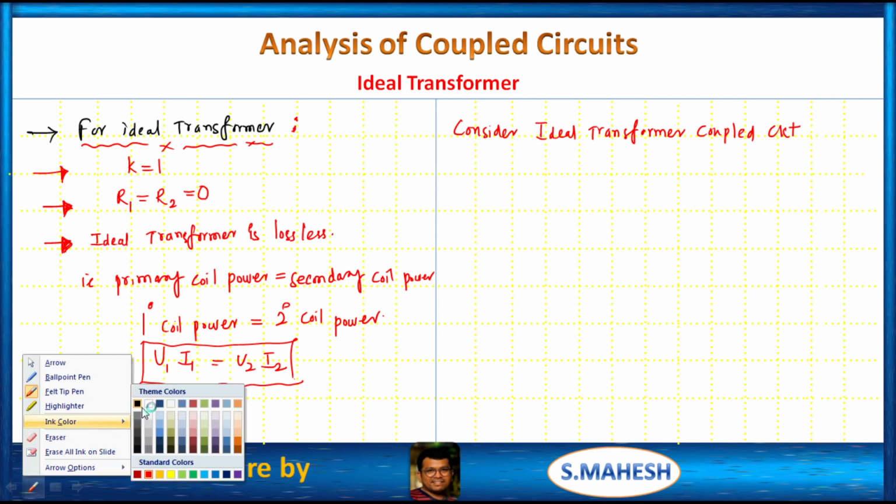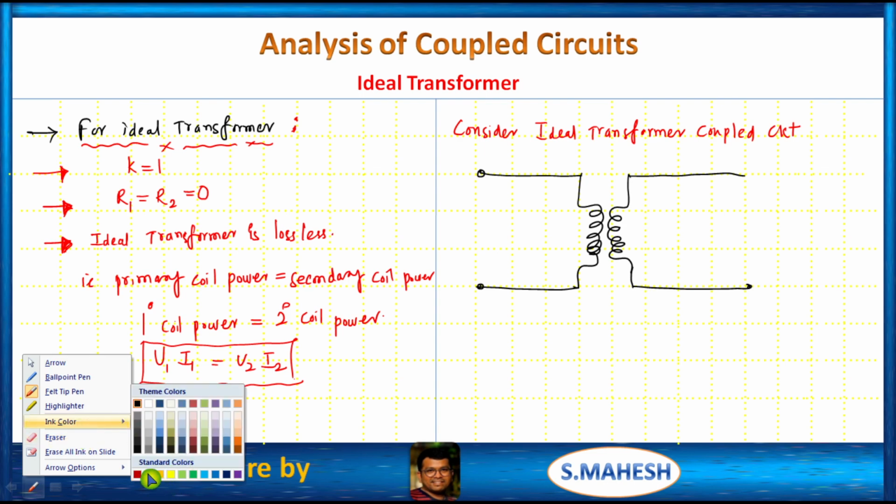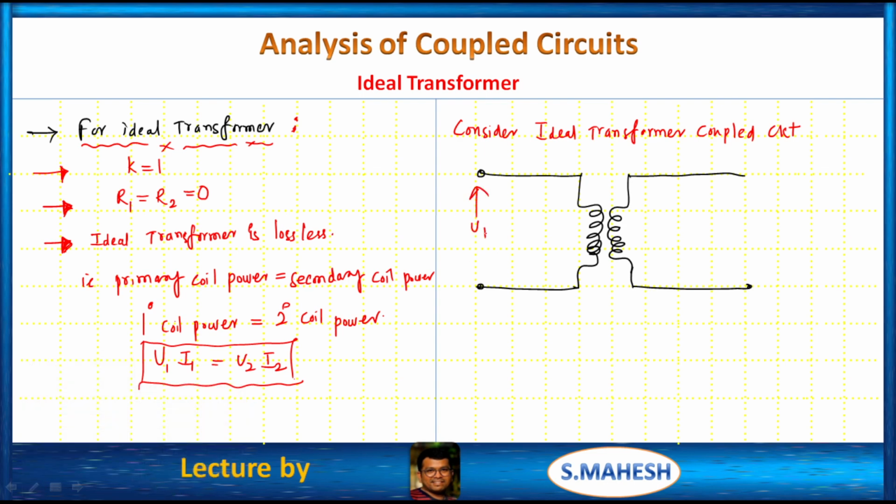So for the ideal transformer coupled circuit, like this, we have V1, the AC supply voltage, through which we have I1. This is I2, or you can say this is minus I2, right?